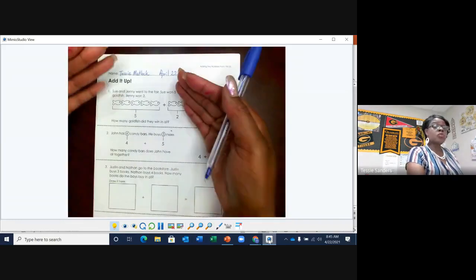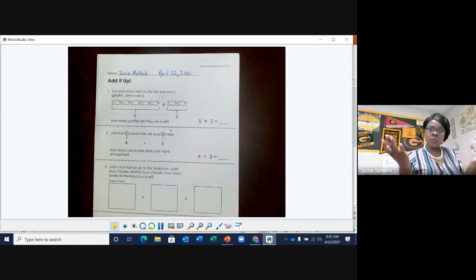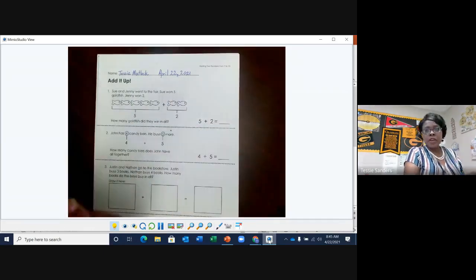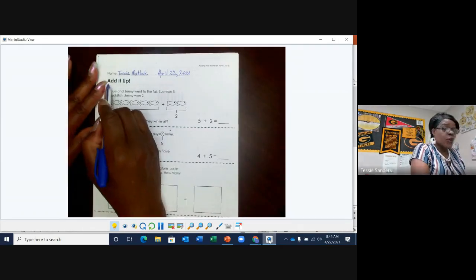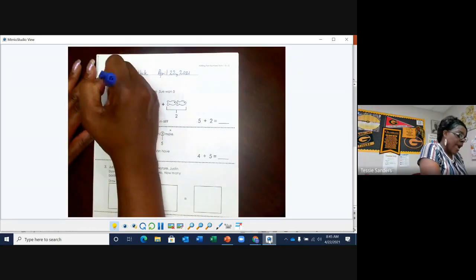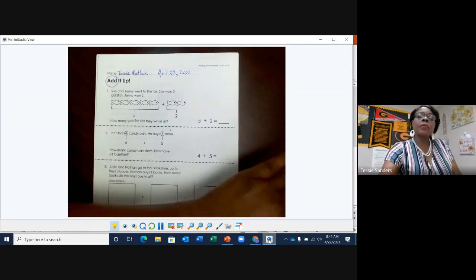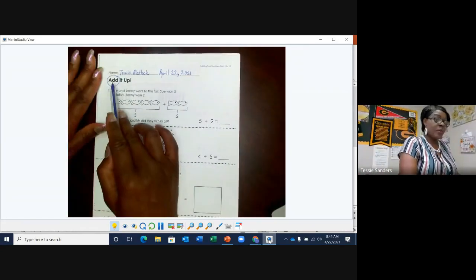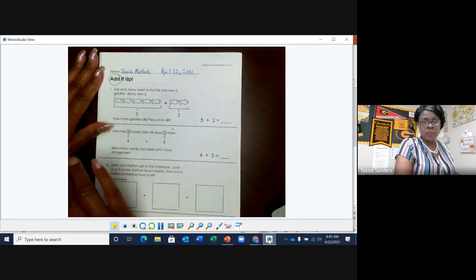It's about understanding what you need to do, following directions, pulling out and identifying key words that trigger you to add. We will not be subtracting. Our number operation is to add. Our title is our clue.